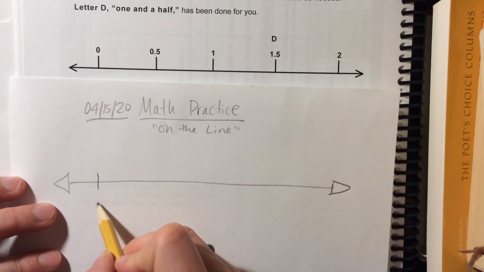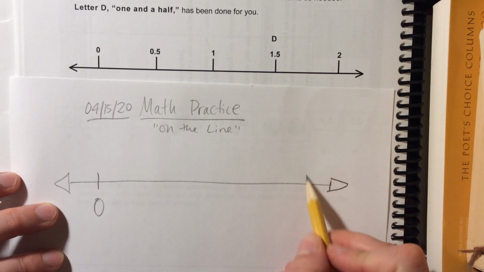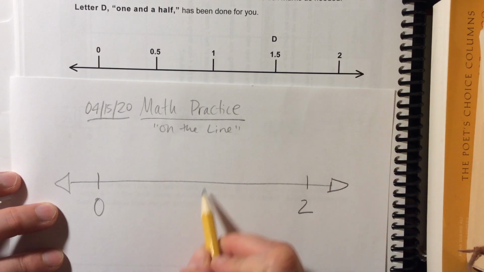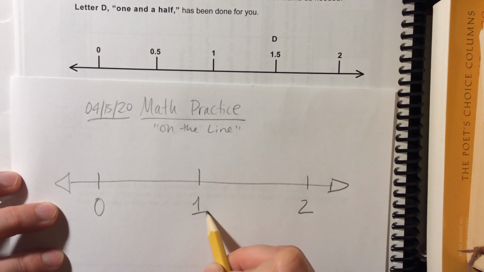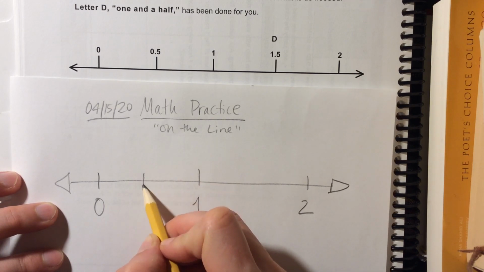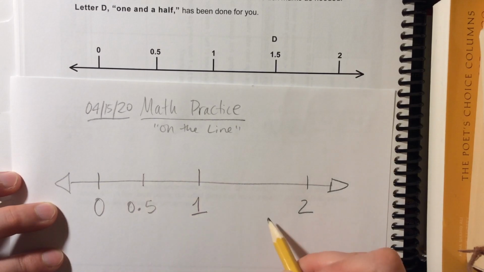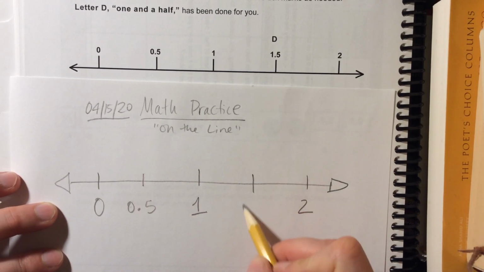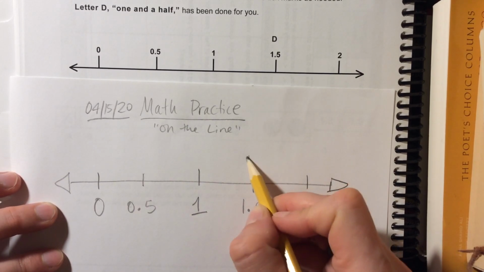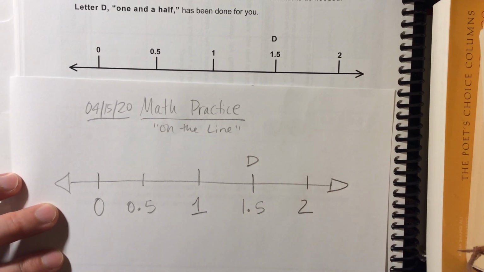Okay, and 0, 2, find the middle, that's 1. And then here we have 0.5, and here 1.5, and this is D.